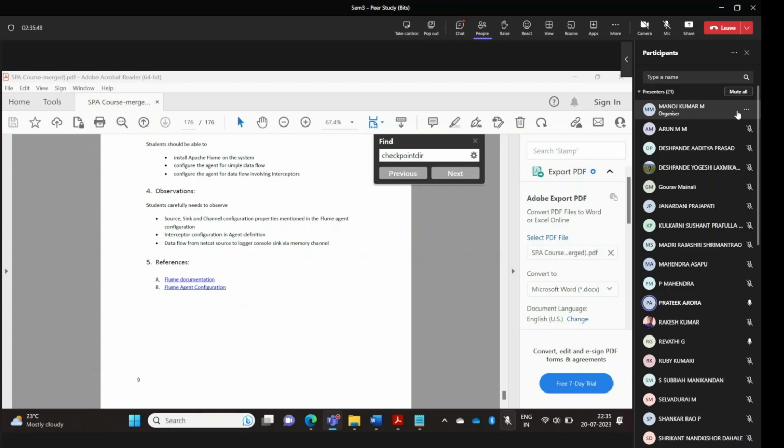So it is not a tag. Tag is a reverse of that actually. Checkpoint is a process, tag is a mark. Perfect.